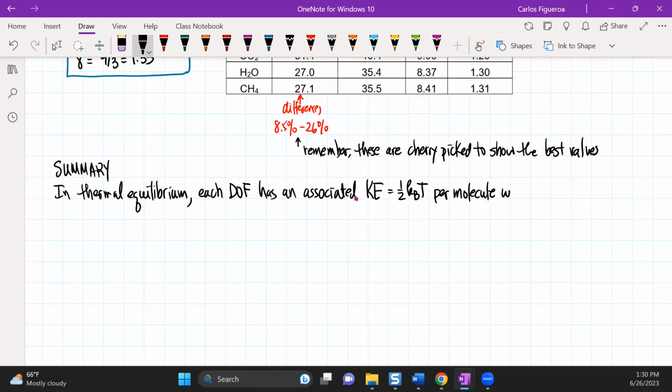Where we said then that the internal energy, which is also K micro, is going to be N times the degrees of freedom times K RMS, which tells us that this is N CV delta T. Everything contributes to CV.